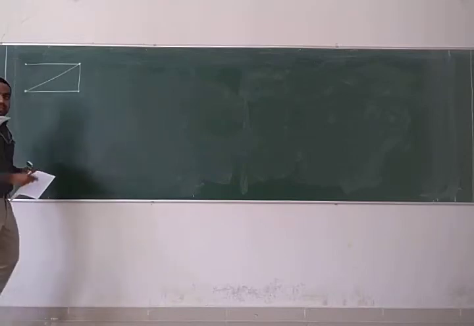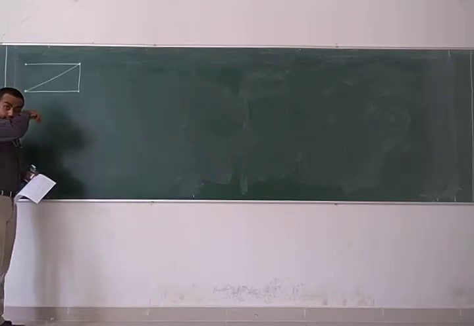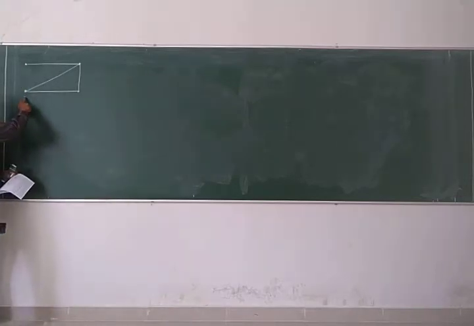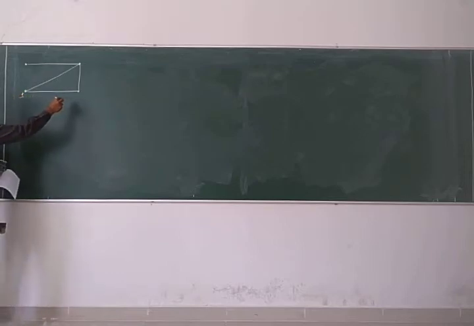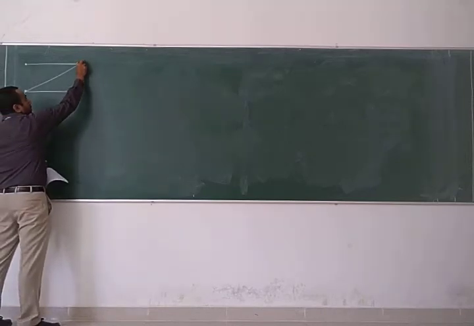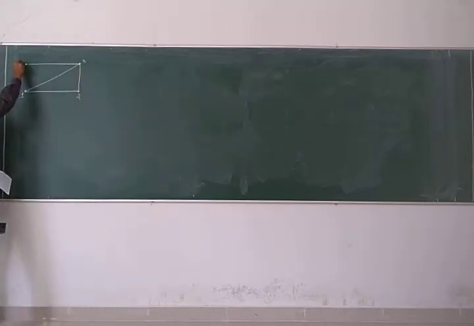Numbering, I will start from the origin denoted in the given numerical problem. So it says this is the origin. So I will start the numbering from this particular node. So I will call this as node 1. This will be node 2, node 3, and then node 4.